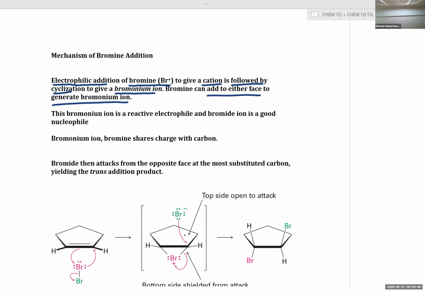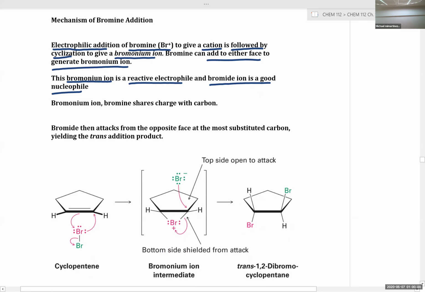So with that aside out of the way, the bromonium ion is a reactive electrophile, and the bromide ion is a good nucleophile. The bromide then attacks from the opposite face at the most substituted carbon. I'd like to think of the most substituted carbon as the most carbocation-like carbon, yielding the trans addition product.